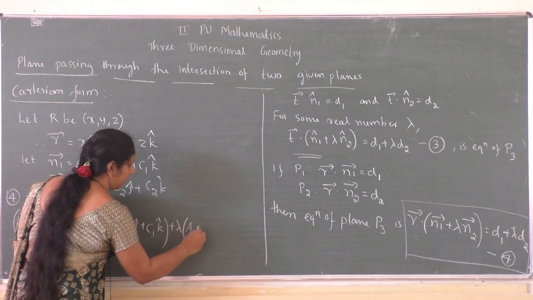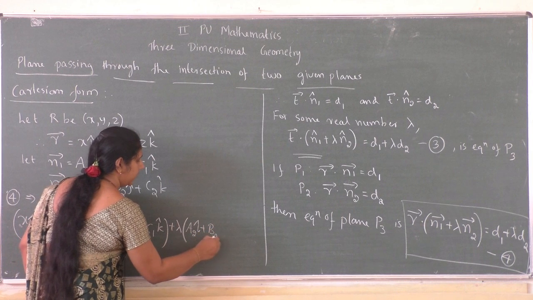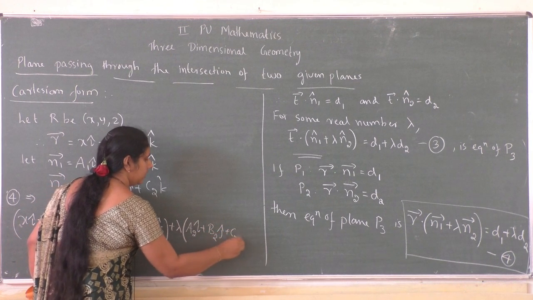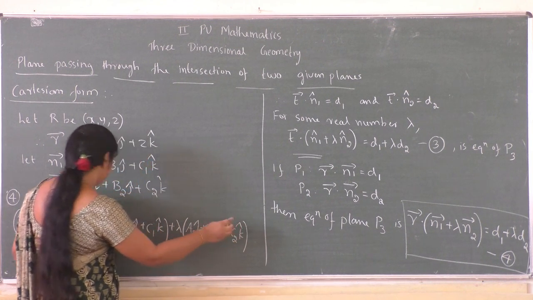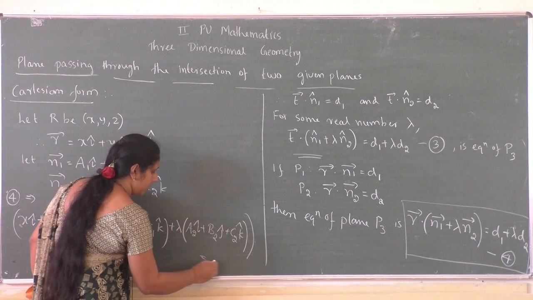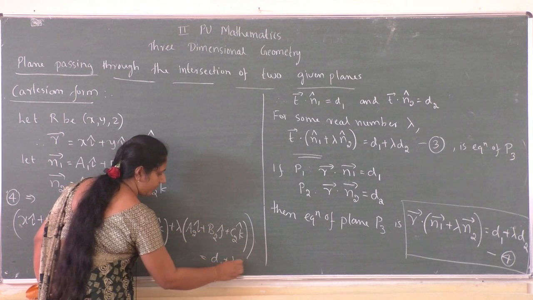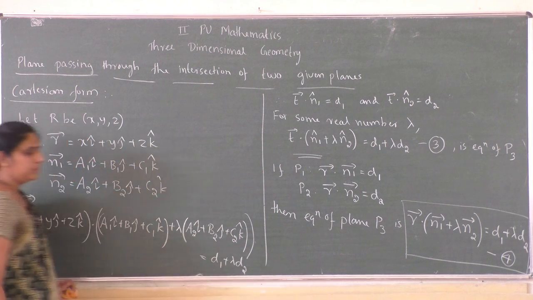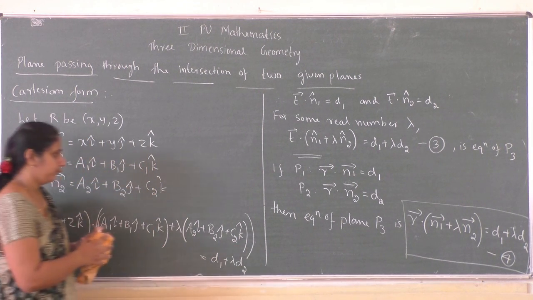It is a2 i cap plus b2 j cap plus c2 k cap, which is equal to d1 plus lambda times d2.